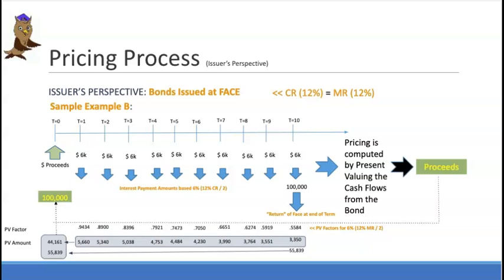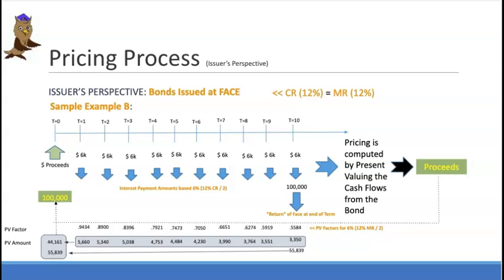We now need to find the correct PV factor to present value each cash flow back to t equals 0. There are various PV tables and PV formulas we can use. In this case, we are present valuing single cash flows, one at a time. So we will use the single cash flow PV factor table.